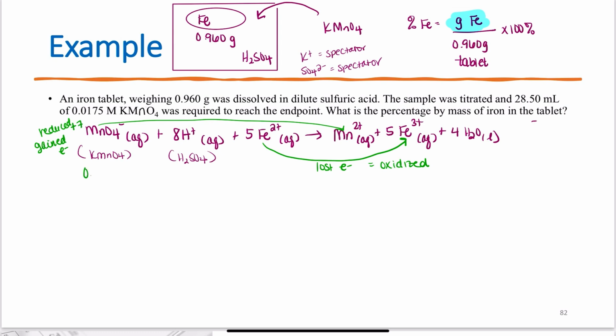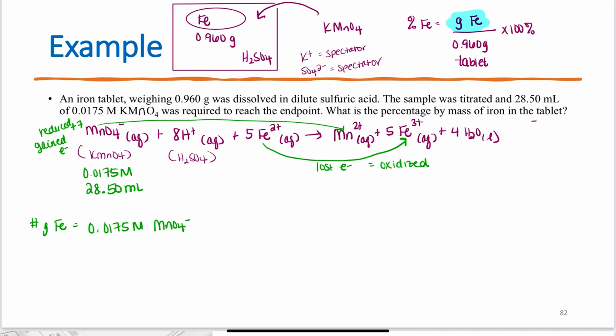We're told we have 0.0175 molar KMnO4, and it took 28.5 mL to reach the endpoint. I'm trying to find out how many grams of iron there are in the sample. So number of grams of iron, starting with what I know, 0.0175 molar KMnO4 or MnO4 minus.